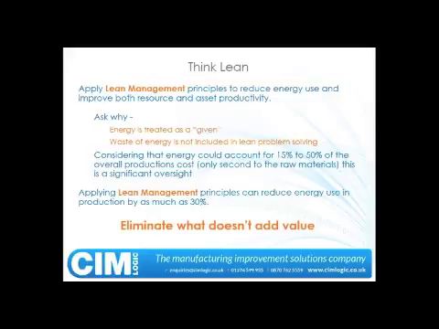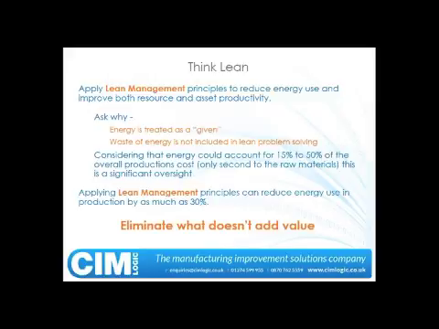Again, think lean. Lean procedures shouldn't be restricted to purely maintaining or looking at wasted motion within our supply chain, looking at defects or waste in raw materials. Energy is a raw material. Quite often, it can be a large proportion of the costs, or the raw material costs of our production is the energy that we need to consume.